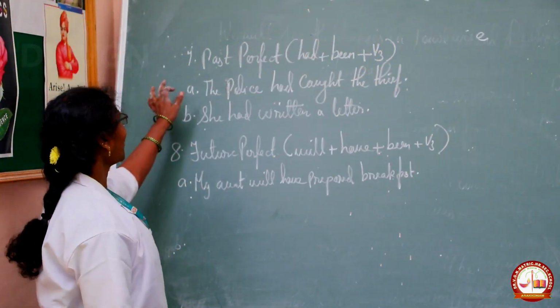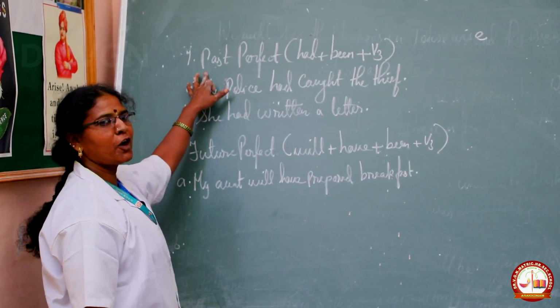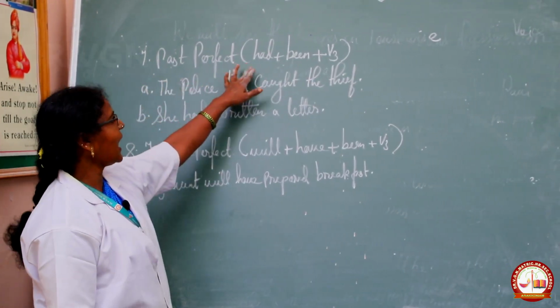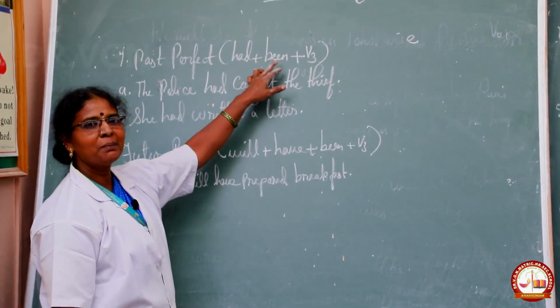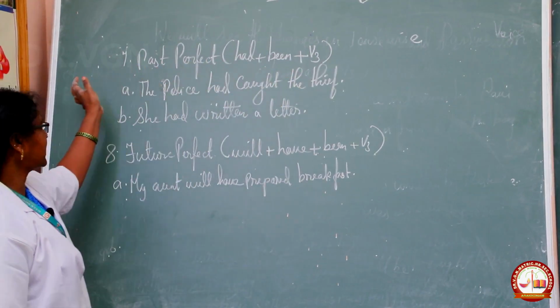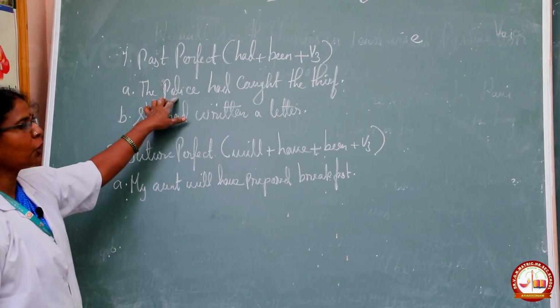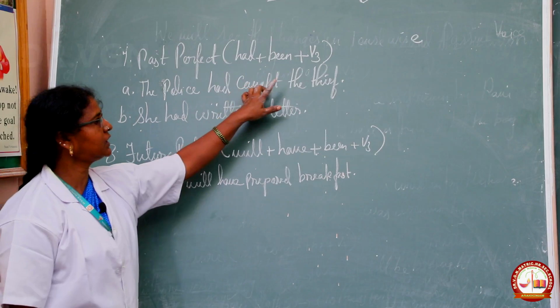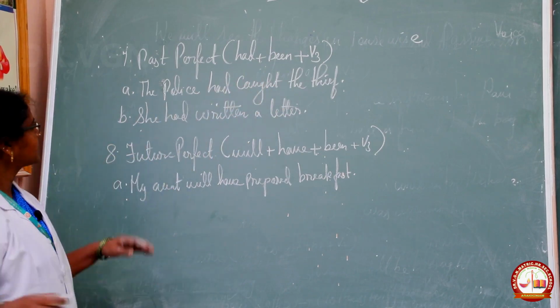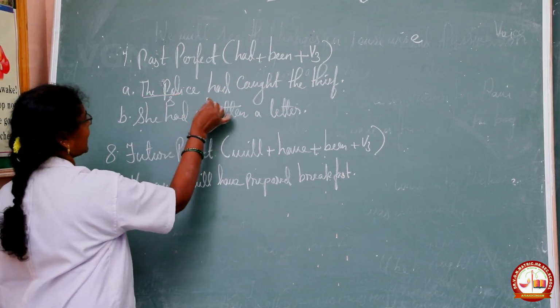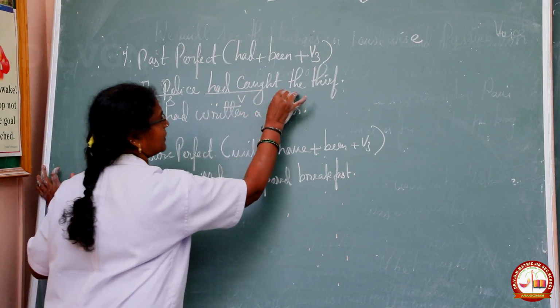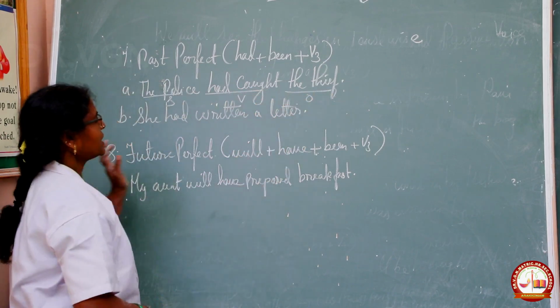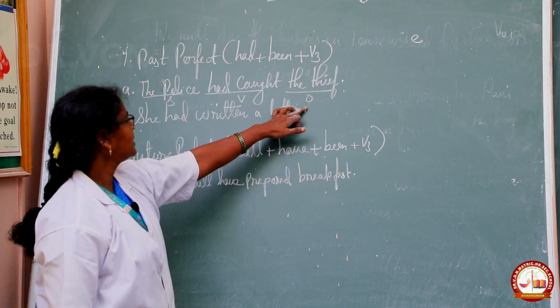Okay. Next, past perfect tense. See, what is the format for the past perfect tense? Had plus been plus V3. Now you must change. See, this is the example. The police had caught the thief. So here the police is the subject, had caught is the verb, the thief is the object. Now what is the format for the passive voice?